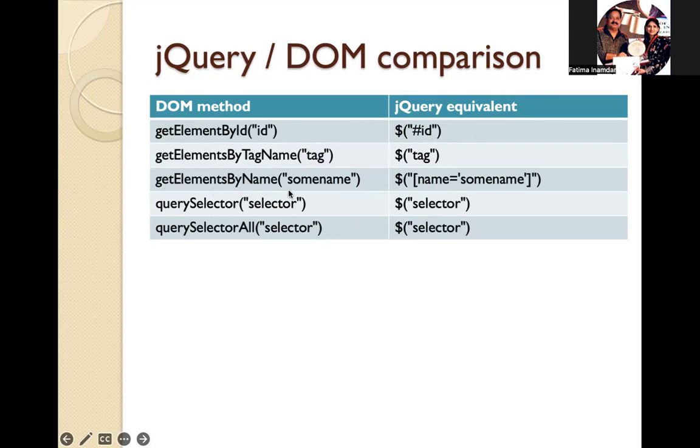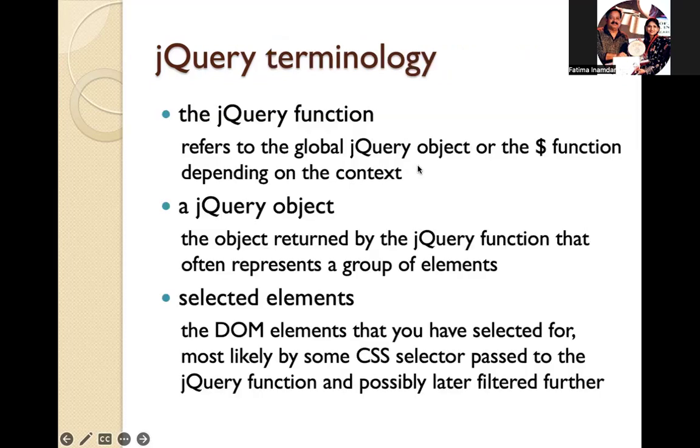For getElementsByName, we write dollar, use opening parentheses, then double quotes, and name equals, followed by whichever name we want to specify. Then querySelector and querySelectorAll. These are the DOM representations that are equivalent to jQuery.